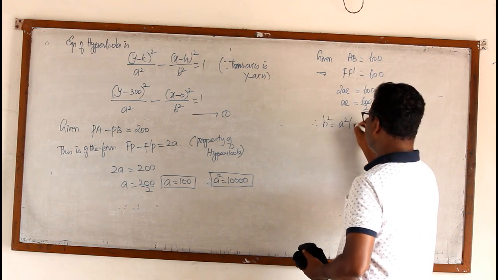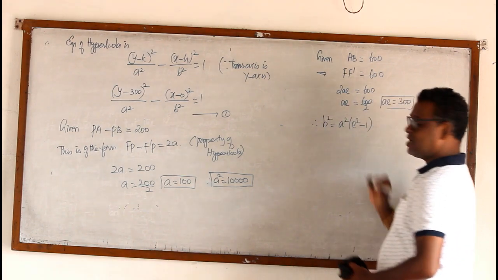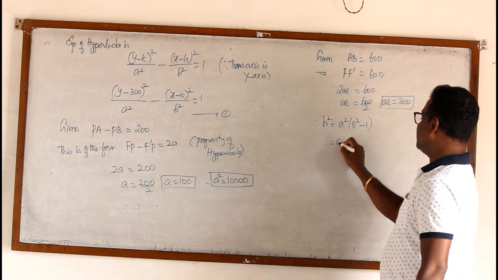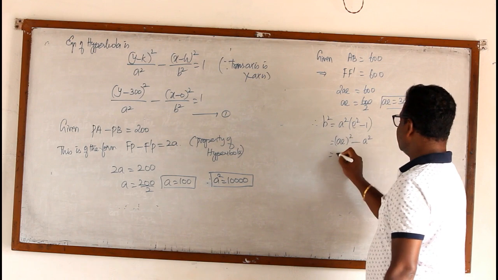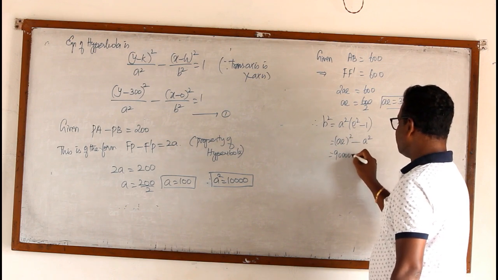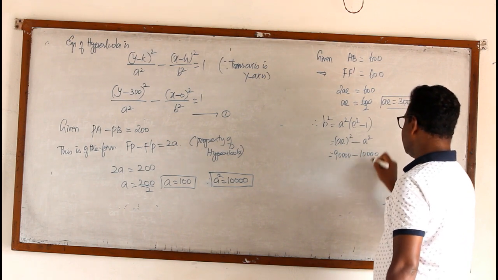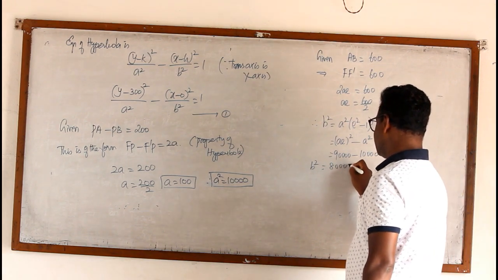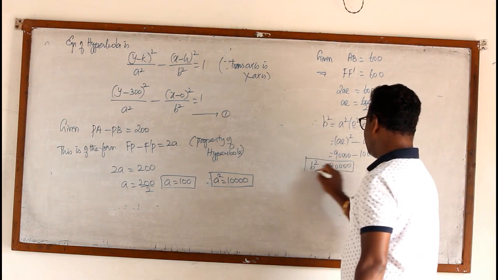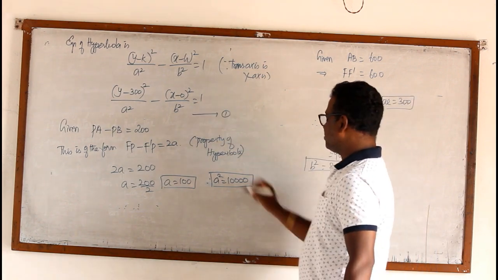We have a square and also ae, and we find b square using this. Therefore b square is a square into e square minus 1 for hyperbola. So it is ae the whole square minus a square, which is 90,000 minus this one, therefore it is 80,000. This is b square. So we found a square and b square, so we can substitute this.